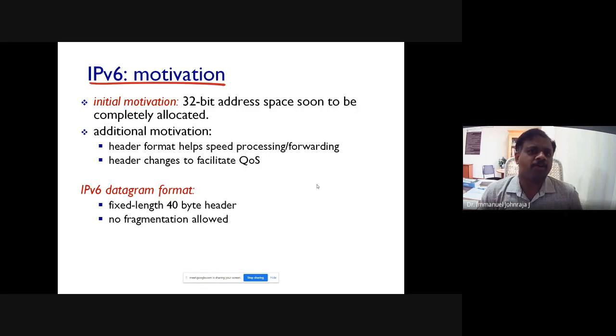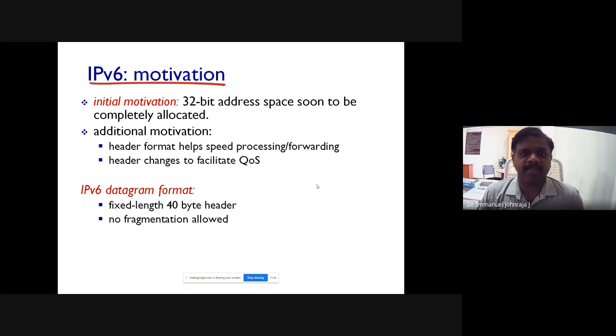All right, we all know the necessity of having IPv6. The primary point is the depletion of IPv4 address space. The 32-bit address space is not sufficient to give an IP address to every grain. Now we are talking about 5G networks and bigger networks, every device, especially when IoT is born.